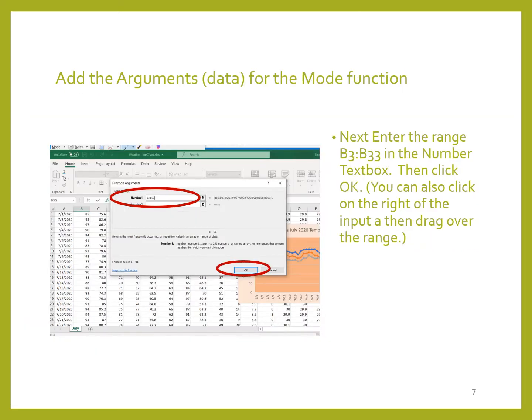I get a second dialog box to help me with the function's arguments, the data it needs to do its job. So next to number, I will enter the data. I can either type the range B3 colon B33, or I can go out to the spreadsheet and drag from B3 to B33, and then click OK.